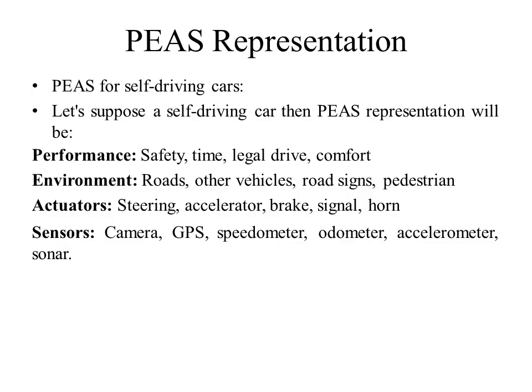Then the environment for self-driving cars is the road, other vehicles, road signs, pedestrians. The actuators are the steering, accelerator, brake, gear, signal, horn, like that. And the sensors are camera, GPS, speedometer, odometer, and accelerometer, like that.